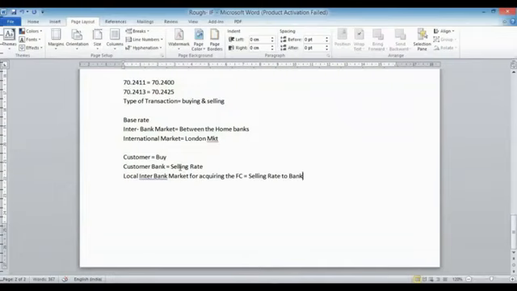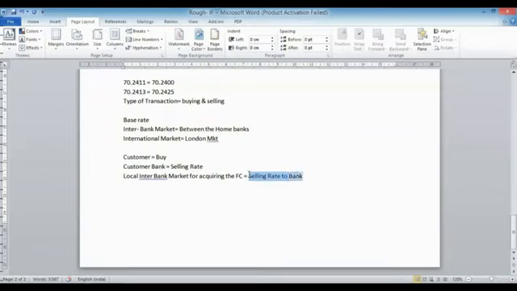See what happened. The customer wants to buy, so the bank has to give the selling rate. But the bank will not give its own selling rate; it will approach the interbank market and try to purchase the USD from it. The bank is purchasing, but who is giving? The interbank market is giving, so the interbank market is selling.